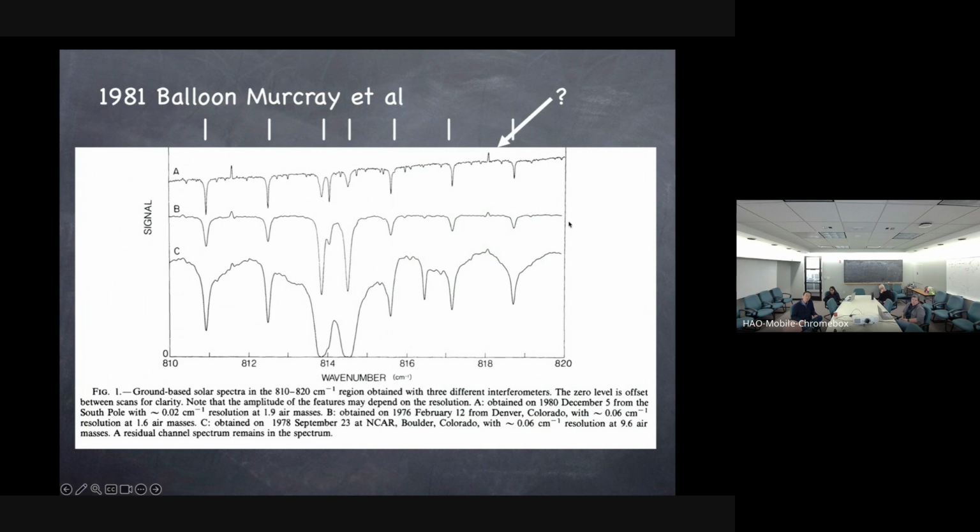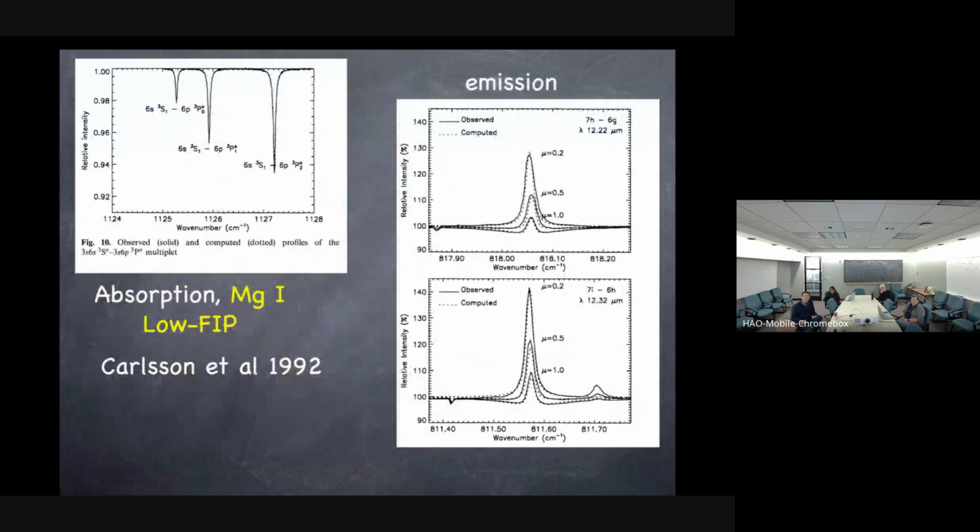Now, we look at these guys and you go, what the hell is going on? These guys took them out of their publication, and then some people looked again at these things. In the end, an explanation arose, and this is just a blow-up. Again, this is like 8 microns, 9 microns, okay? There's a model and a calculation. You can see a beautiful fit. What's going on is that this is actually neutral magnesium.